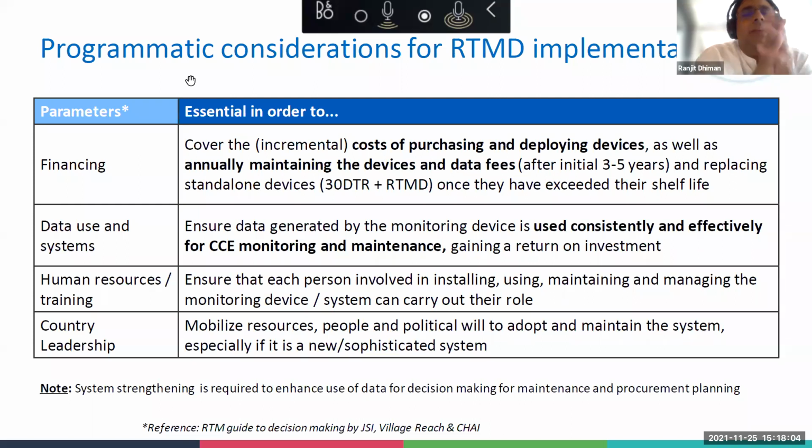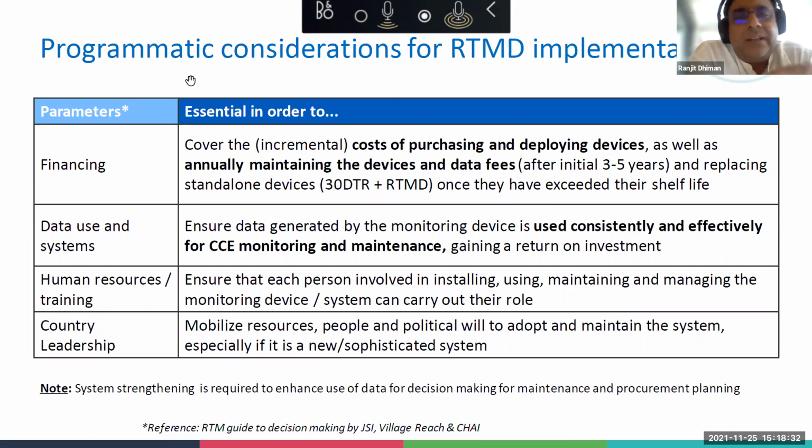Thanks so much, Jalia. So I'm going to talk a little bit about programmatic considerations for RTMD implementation. In short, planning for RTMDs is supposed to be linked to the immunization supply chain strategy of the country, a long-term strategy where maintenance is an important component, and using RTMDs for the sake of maintenance.